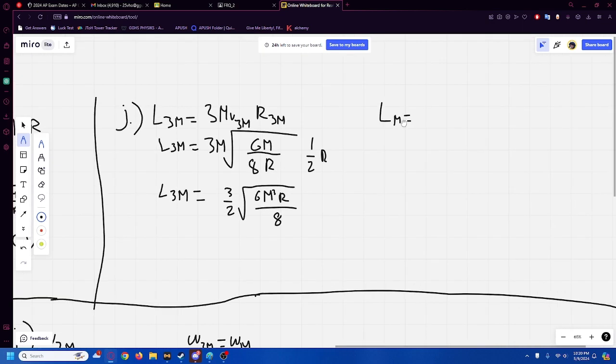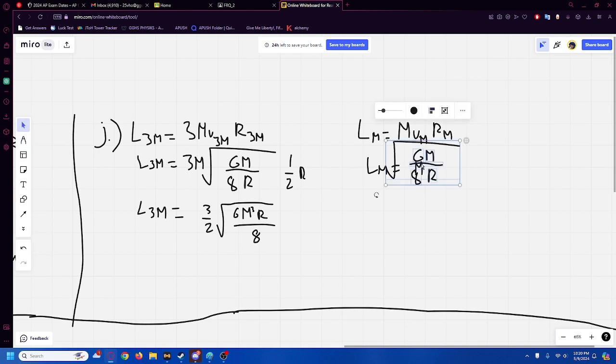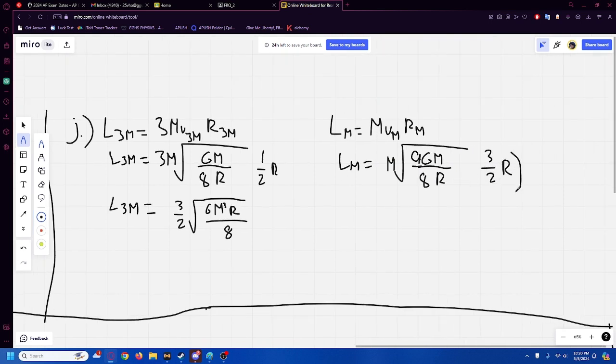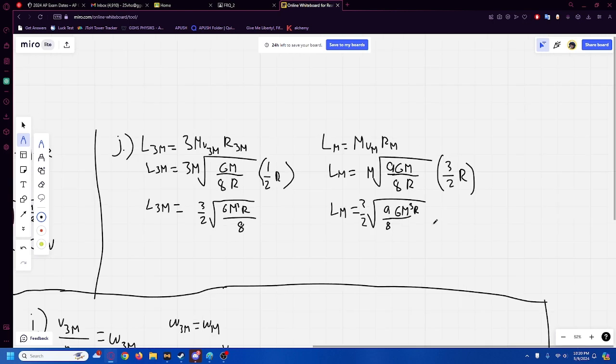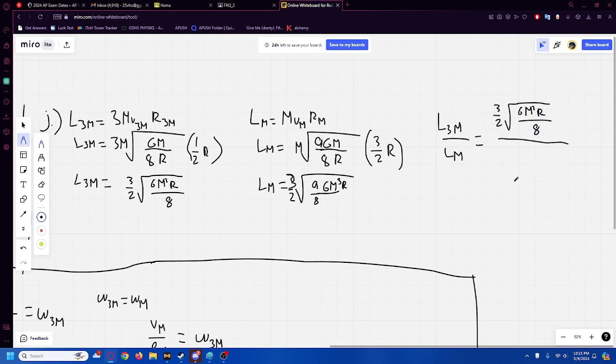And L_m is equal to m V_m R_m. So L_m is equal to m times this, and times 3/2 R. So L_m is equal to 3 halves times √(9/8 GM³R). So L_3m over L_m is equal to this over this.